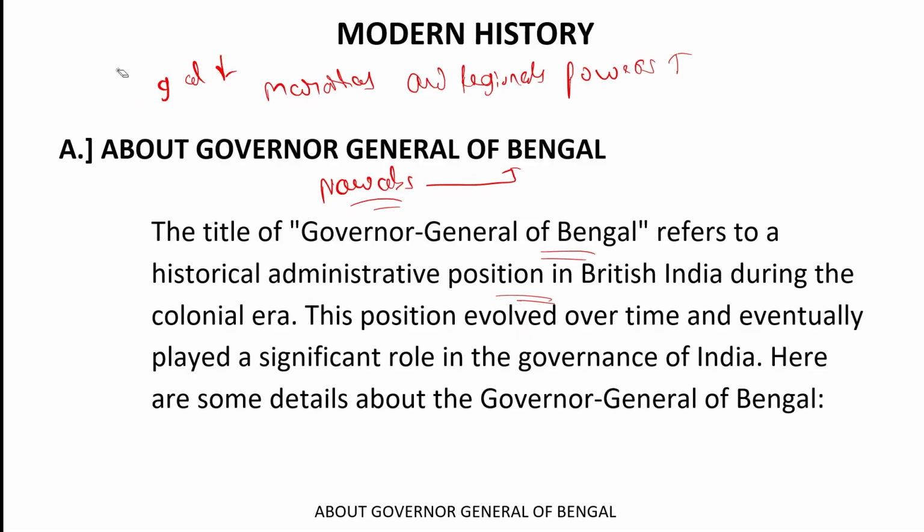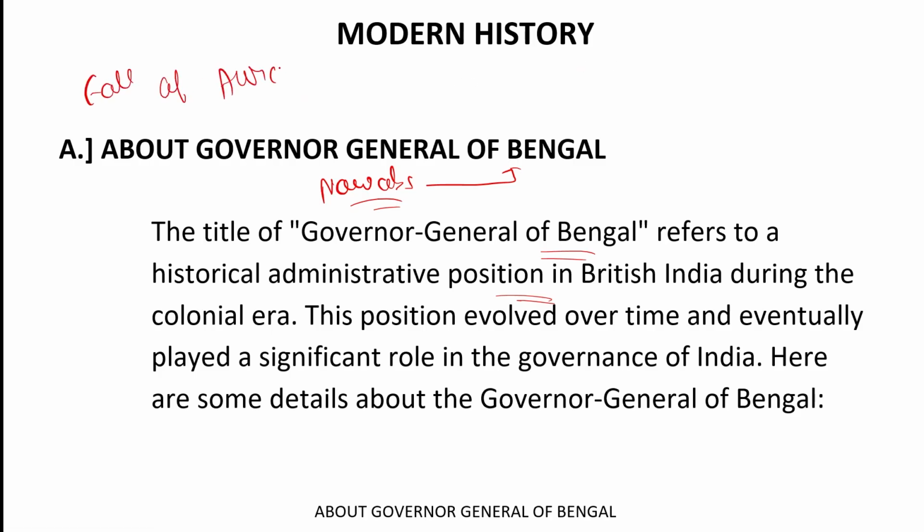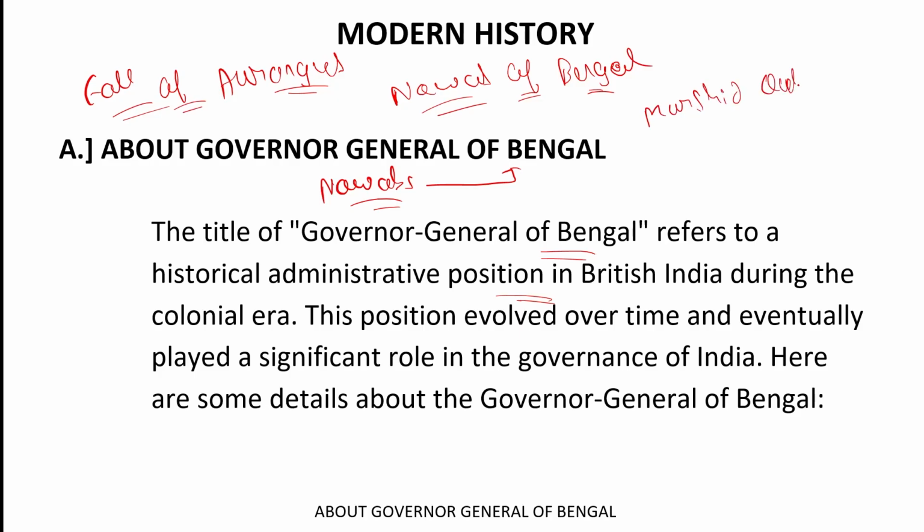During the fall of Aurangzeb, there was a rise of the Nawab of Bengal, and the first Nawab of Bengal was Murshid Quli Khan, who established Bengal as a separate state.